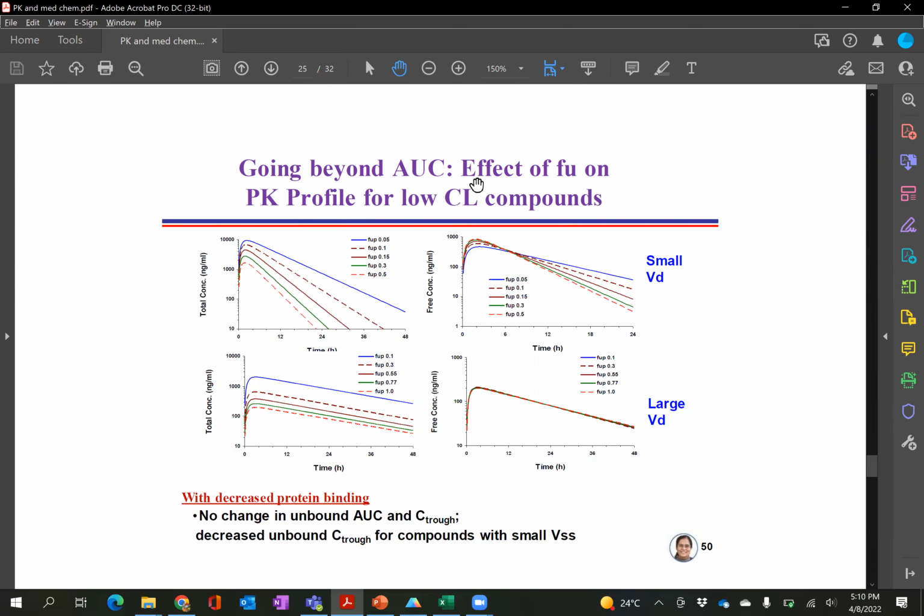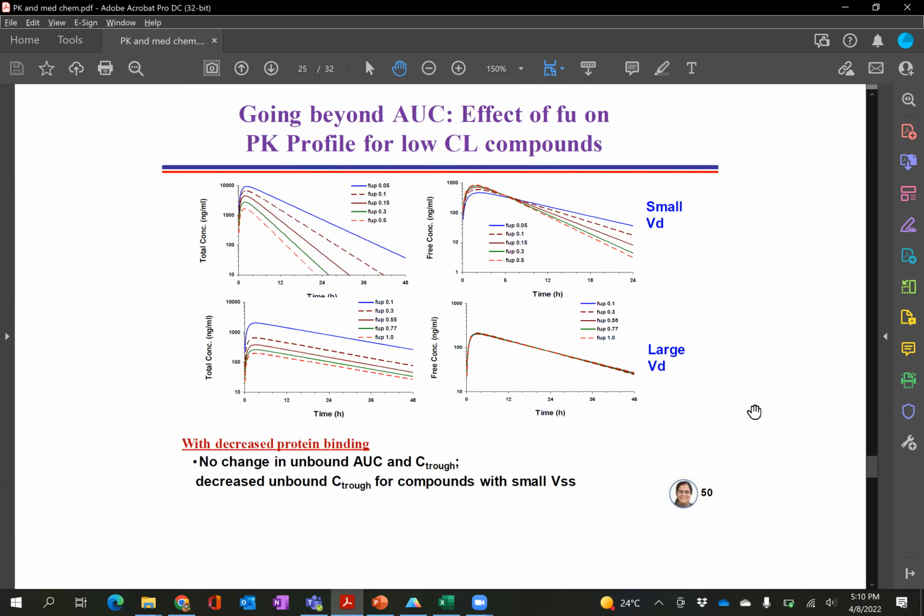Next is the effect of FU on the PK profile beyond AUC for low clearance drug. I think this is important. They try to tell you that for a small volume of distribution compound, with a smaller unbound portion, you actually get higher drug concentration.